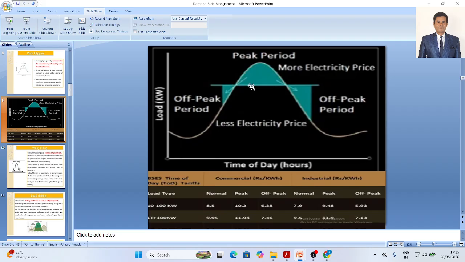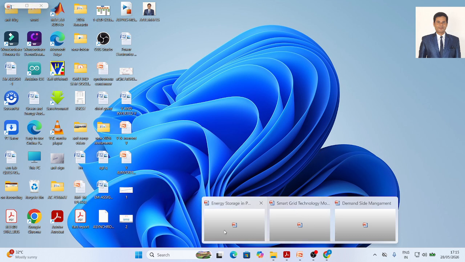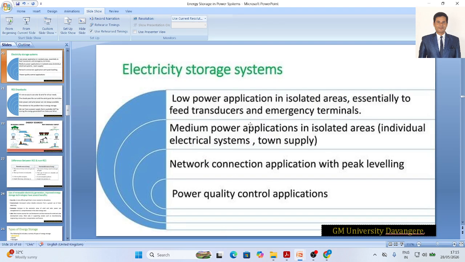So this is the peak time. This peak leveling should be monitored, right? So the peak leveling should be done in the network connections. That's why peak leveling is also possible with energy storage.